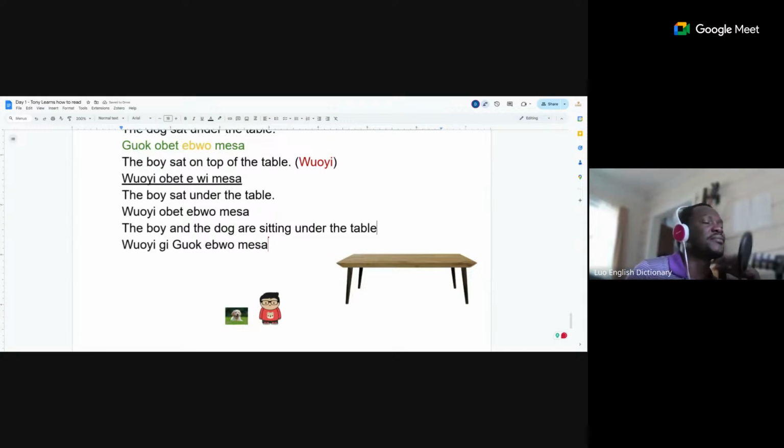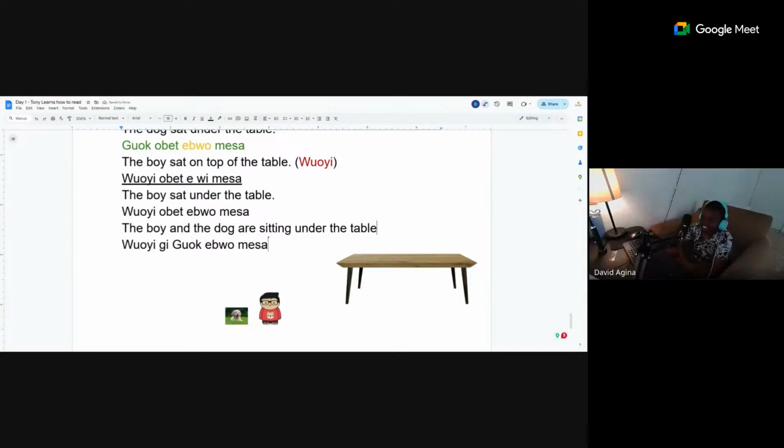Can you read it aloud? Woi gi gwok ewo ebwo mesa.